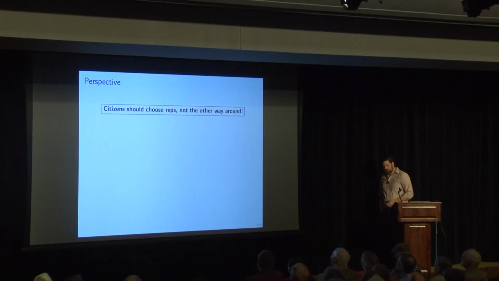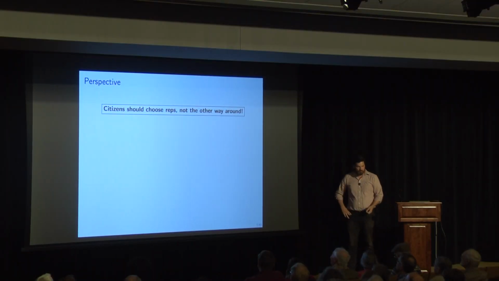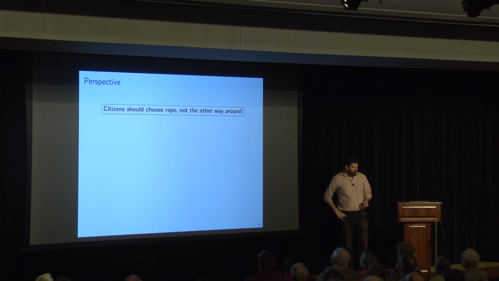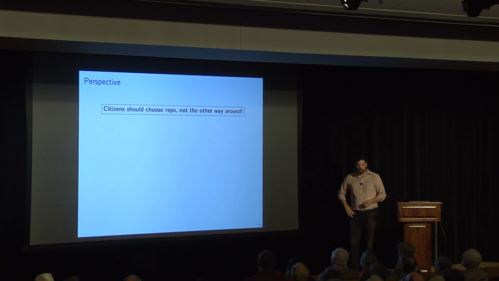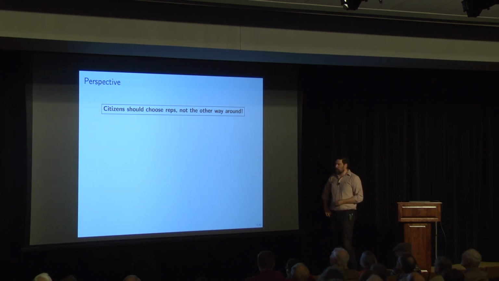The perspective of this talk, the perspective that I have, the perspective that some other people have, is that gerrymandering is a threat to democracy. Okay? The perspective is that the citizens in a democracy should be selecting their representatives, not that the representatives select the people they represent.